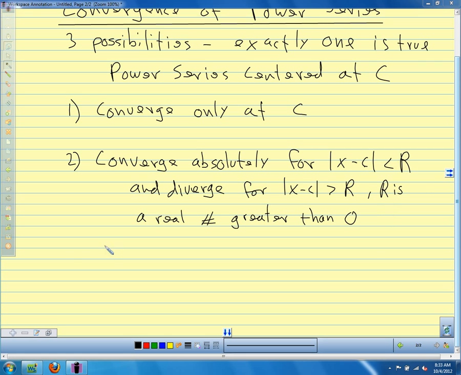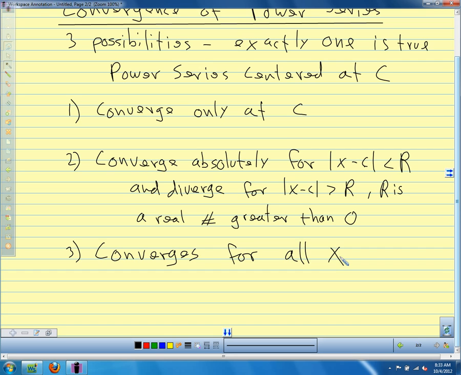And our third condition, when our power series are very useful, is that it converges for all x. So exactly one of these is going to be true about a power series representation of a function.